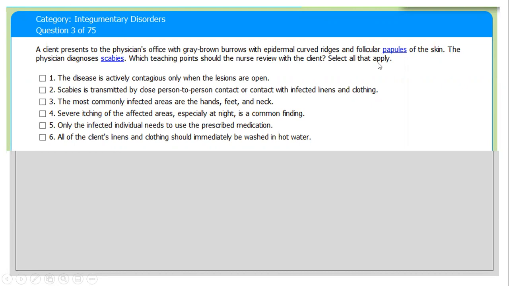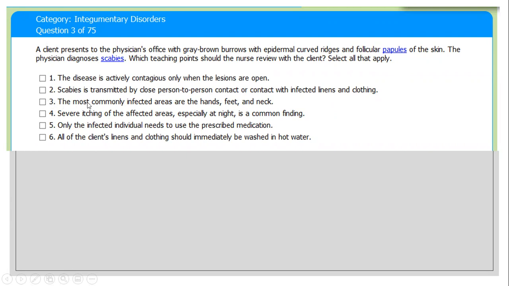Select all that apply. Number 1, the disease is actively contagious only when the lesions are present, open. Number 2, scabies is transmitted by close person-to-person contact or contact with infected linen and clothes.